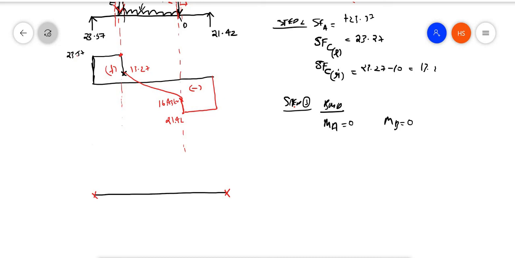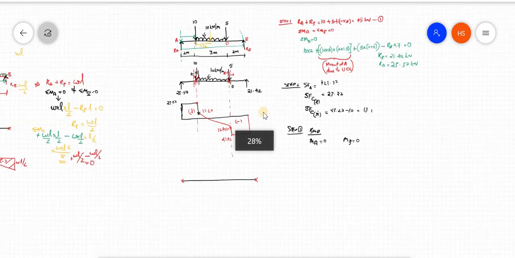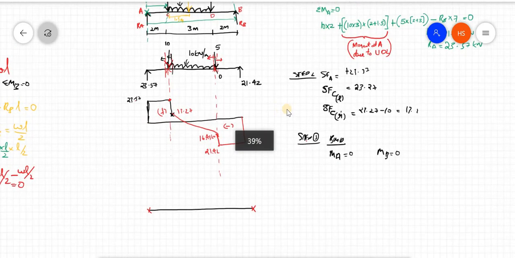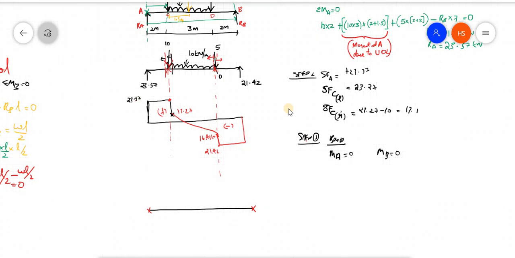Now we have to find the bending moment at C and D. So this is C and this is D. First, the bending moment at C, MC.